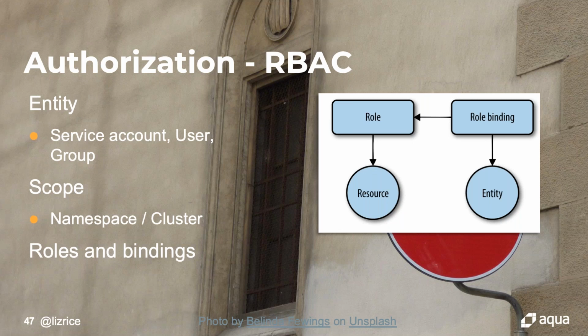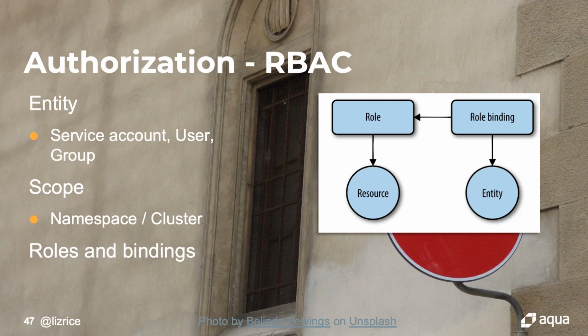It says what actions can be taken on a particular resource or set of resources. The role by itself says nothing about who can take those actions. And it's the role binding that links a role with the identities. So the role binding links together the fact that a particular user can take on a particular role and therefore do a certain set of actions on a certain set of resources.